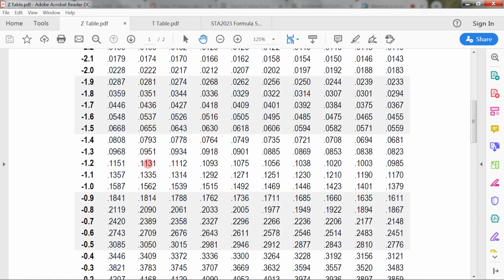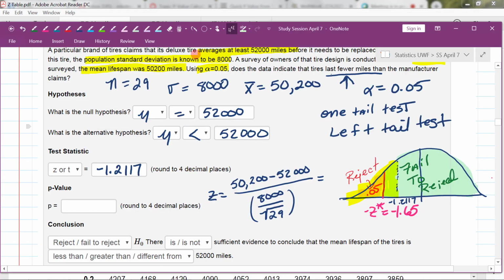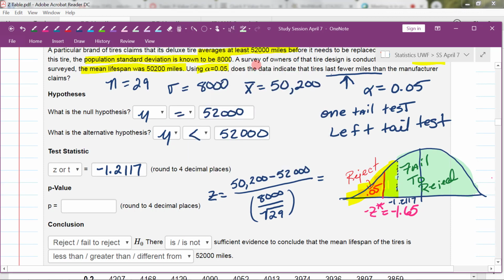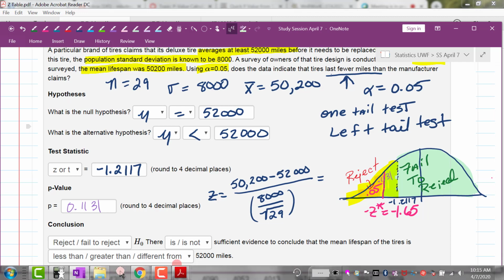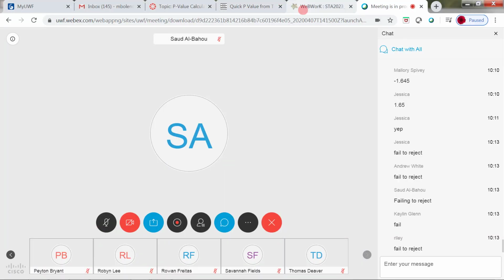So our area under the curve to the left is 0.1131. So that area right under here is 0.1131, right in there. Okay, so let's go see if Webwork likes our answer. 1131.